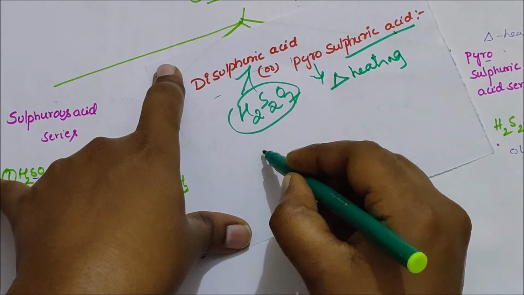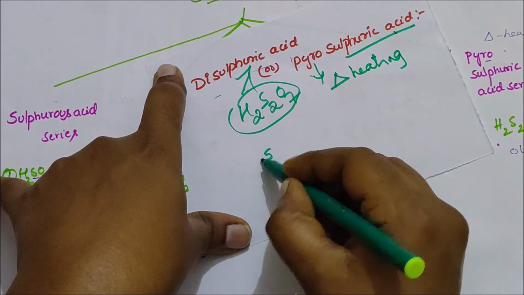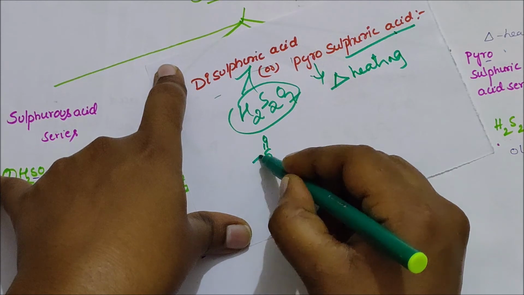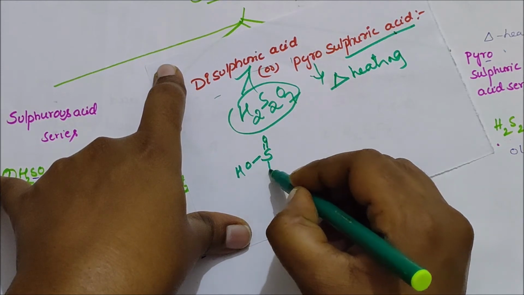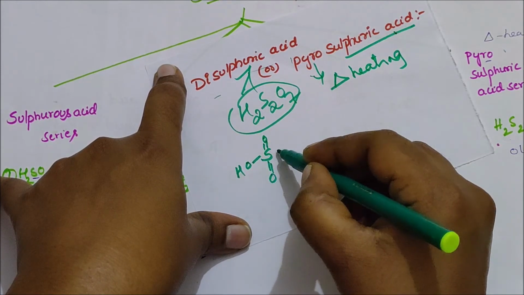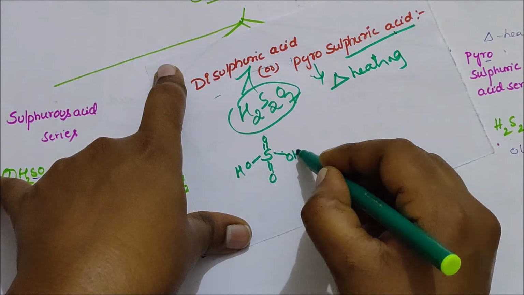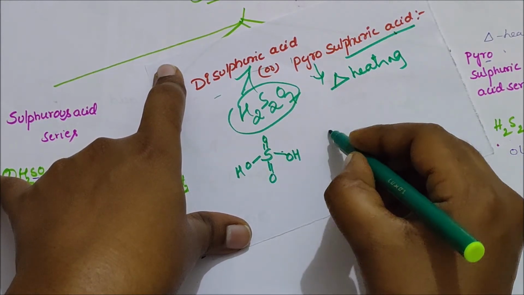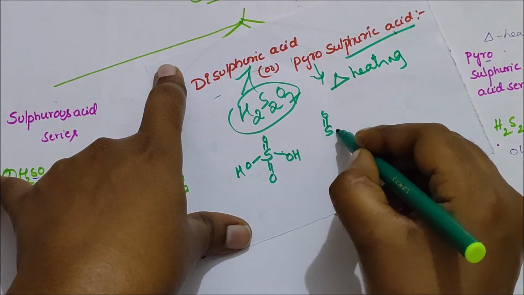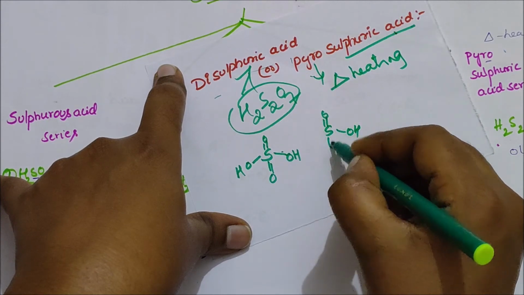That is the sulfuric acid: OH, double bond O, and OH. This is the sulfuric acid structure, and another sulfuric acid structure can be written like this.